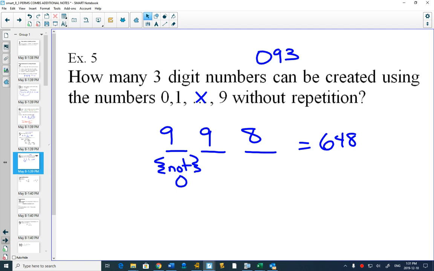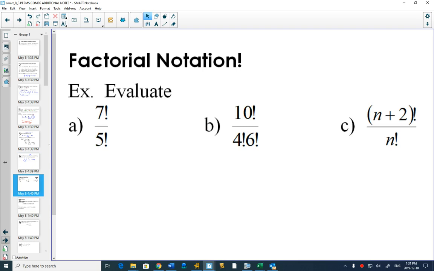Okay, moving on. Stuff you've already seen. Factorial notation. Evaluate without a calculator. Or in case C, they wouldn't say evaluate, but they would say simplify. So when you are evaluating factorials, in order to simplify the expression, you always find the biggest factorial. 7, obviously the biggest one in the first one, and start expanding until you get to the number that's on the opposite side.